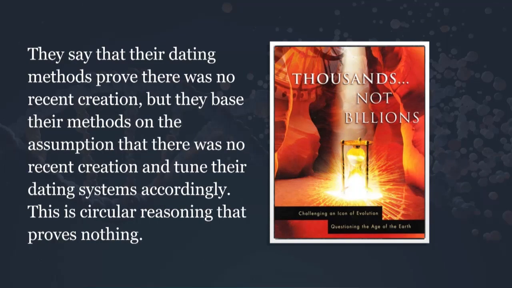They say that their dating methods prove that there was no recent creation, but they base their methods on the assumption that there was no recent creation and tune their dating systems accordingly. That's what's called circular reasoning, and it doesn't hold up in a court of law. If you try to use circular reasoning, the barrister will pick you up on it immediately and say, that doesn't work. It proves nothing. So that's good to keep in mind.